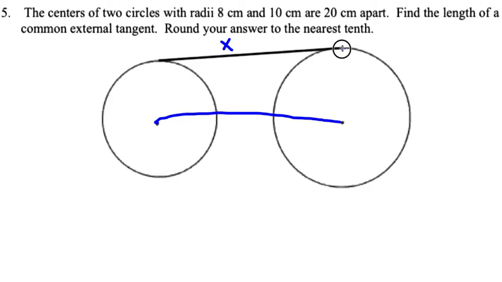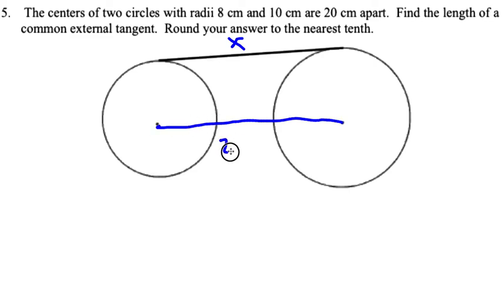So what I can do is set up another right triangle, and this drawing is not very well to scale, but one of the legs is what I'm trying to find, the common external tangent, and the hypotenuse ends up being the distance between them, which is 20.